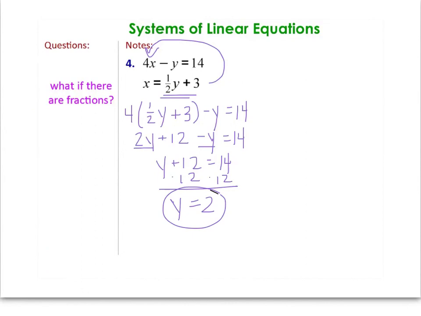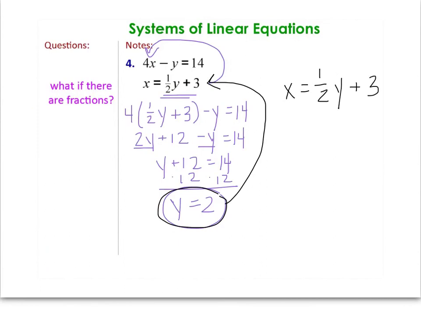Now let me put y equals 2, or 2 in for y I should say, into equation 1. Equation 1 is x equals 1/2 y plus 3. So x equals 1/2 times 2, because 2 equals my y, plus 3.